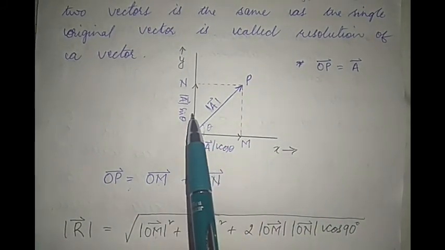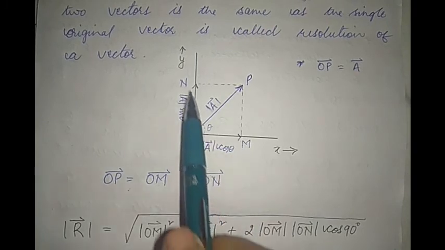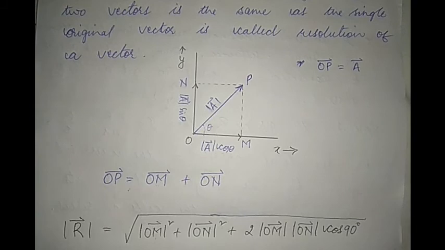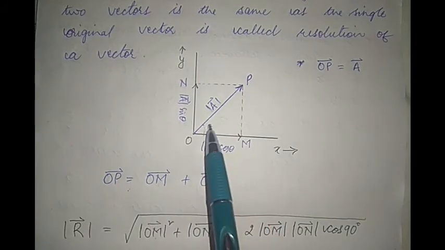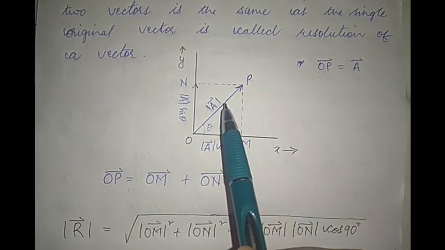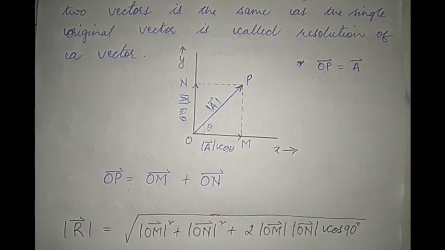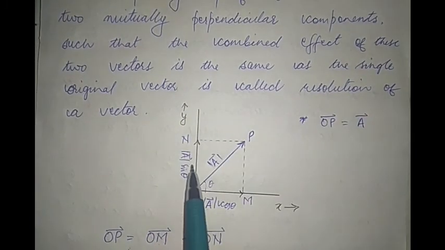So by combining these two vectors OM and ON, we are getting this single original vector OP, whose magnitude of course is A. Therefore, this process of splitting up an already given vector into two mutually perpendicular components, such that the combined effect of these two split vectors gives us the single original vector, is what is called resolution of a vector, remember.